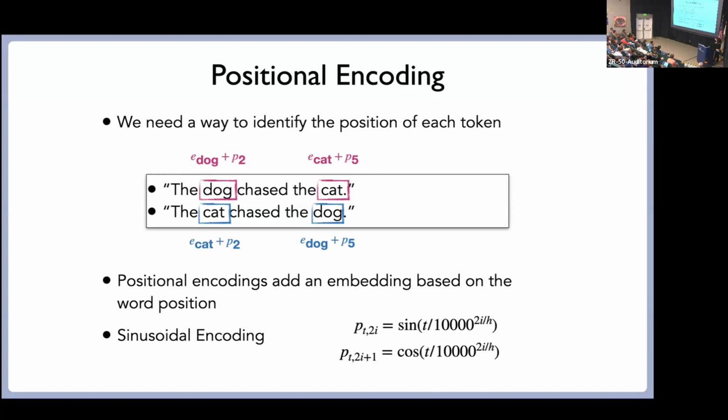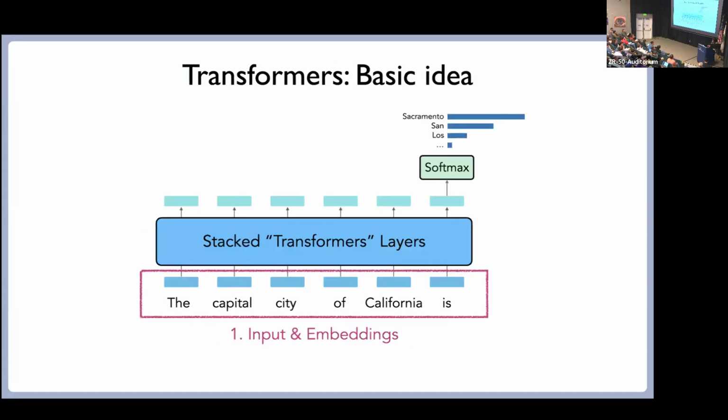It basically looks like this, which uses sine and cosine functions as a function of the position, which is t here. If you feel this function is sort of random, I think that's very natural. It looked very random to me. These are basically engineered empirically. But later, people also found better positional encodings, which we will briefly discuss later on. So once you have the embedding and positional encoding, you now have a vector representation for every token.